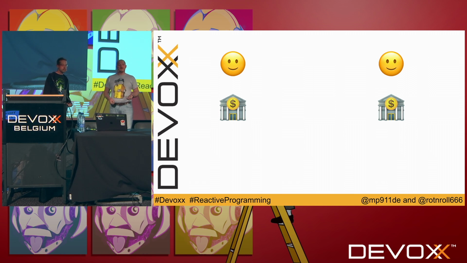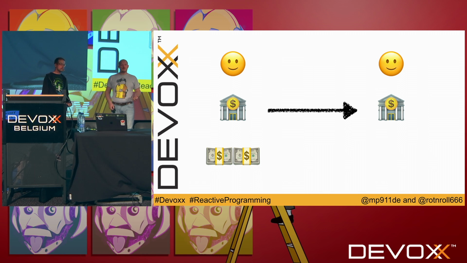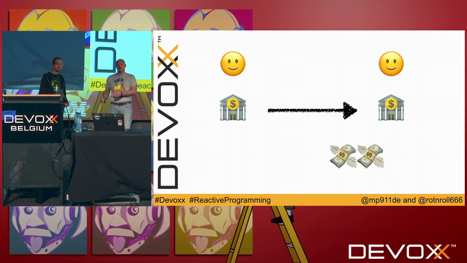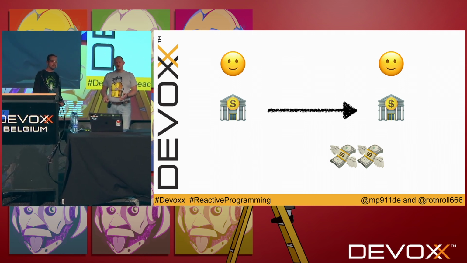Again, we have this example of these 2 folks, 2 bank accounts. We are wiring money from one bank account to another one. And let's initiate the transaction. The money is flying over from one account to another. But it didn't quite arrive there yet. However, we see that the money is gone from one bank account. And we see it already on the target account, which is sort of strange.